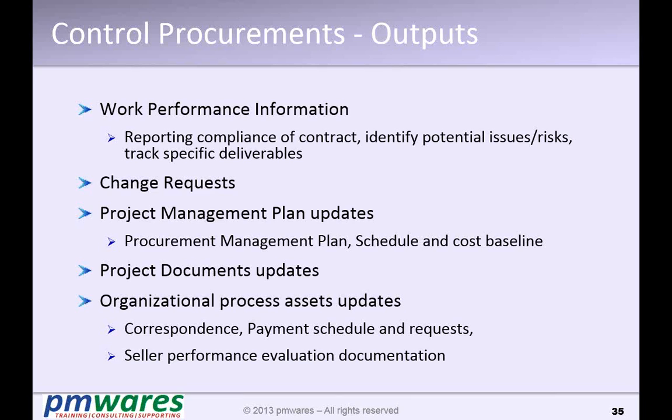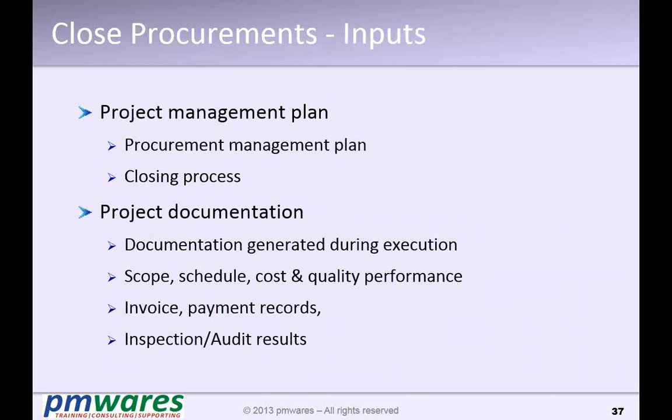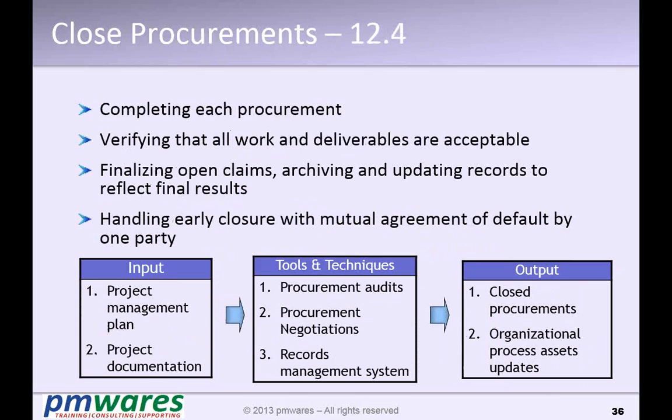Control procurement is very simple. Basically, you have to continuously get your reporting. On a timely basis, you do some audits. If some things are changing, then you do some negotiations. So control of procurement happens. Now it is closure of the procurement.